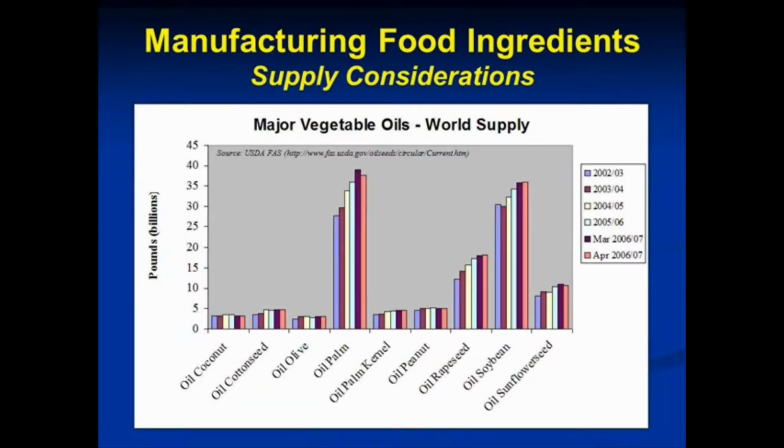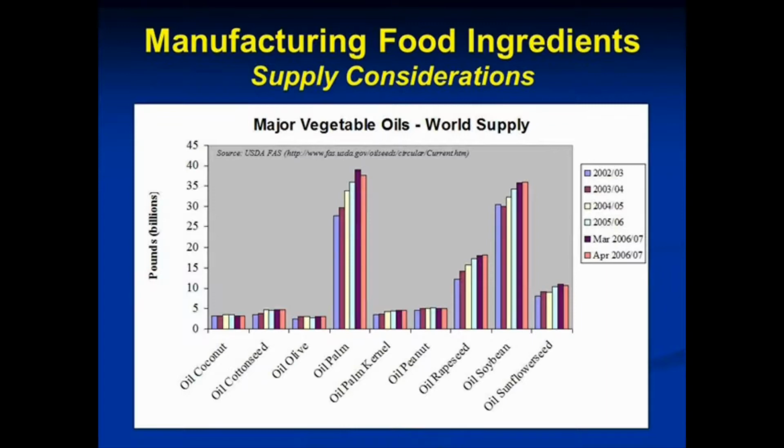And this is just looking at the global supply of the major vegetable oils. Again, palm and soy are number 1 and 2. This is billions of pounds, each with a world supply of 25 to 40 billion, depending on the year. The other fats and oils are to a large degree dwarfed by soy and palm.